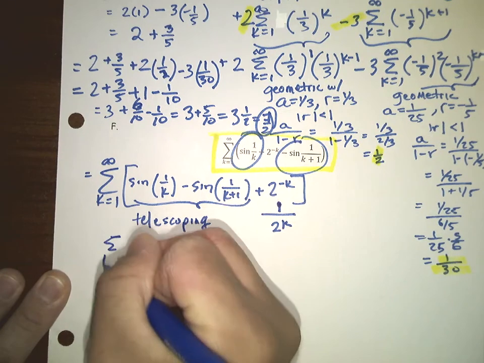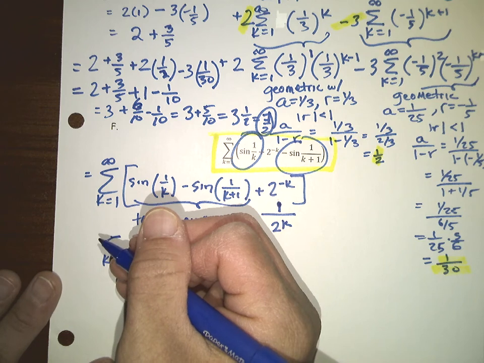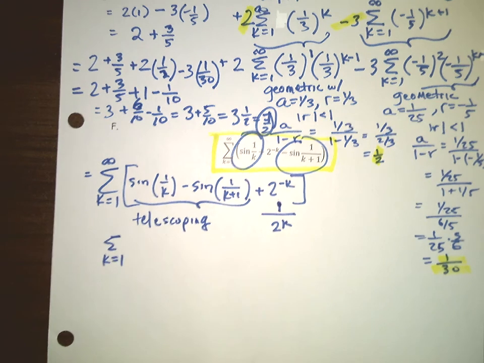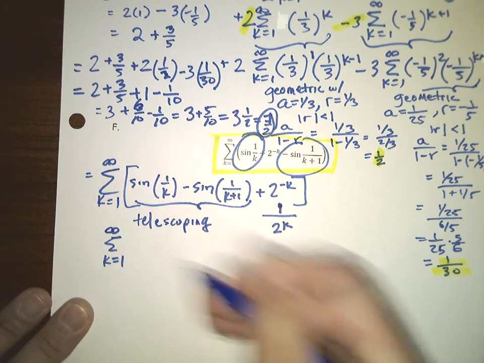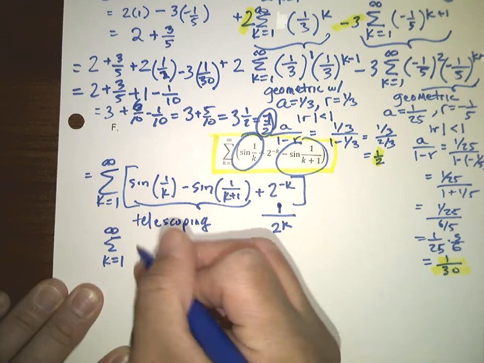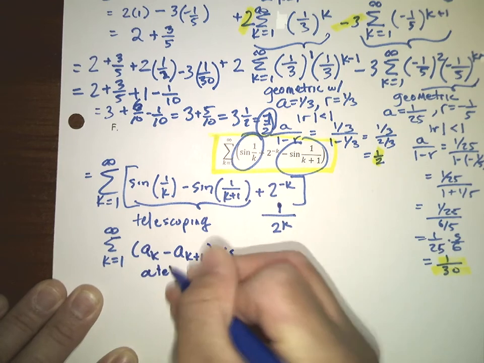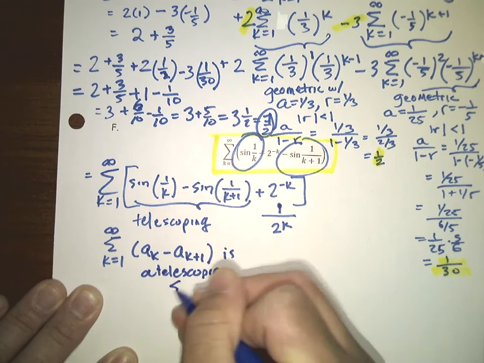Well, remember that the sum k equals 1 to infinity of a_k minus a_(k+1) is a telescoping series.